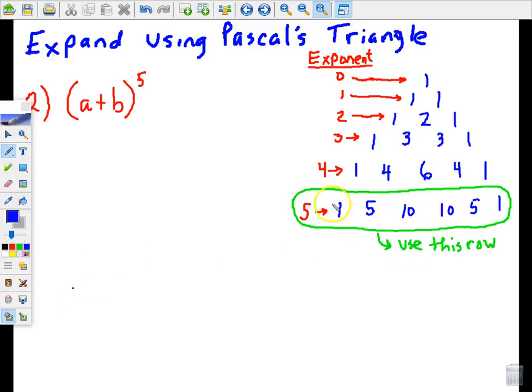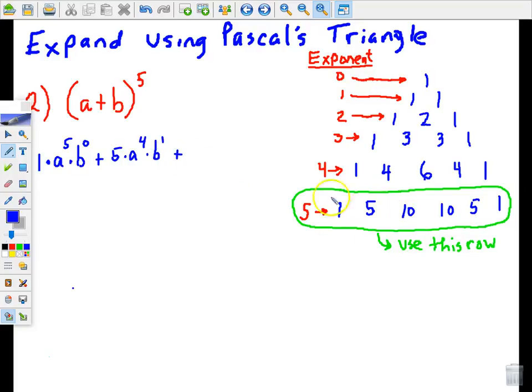So it starts by choosing the first number from the triangle, which is 1, times the first variable in the parentheses will begin by being raised to the 5th, and the second variable will start off at the 0. Okay, number from the triangle, which is 5, times a goes down, and b goes up.